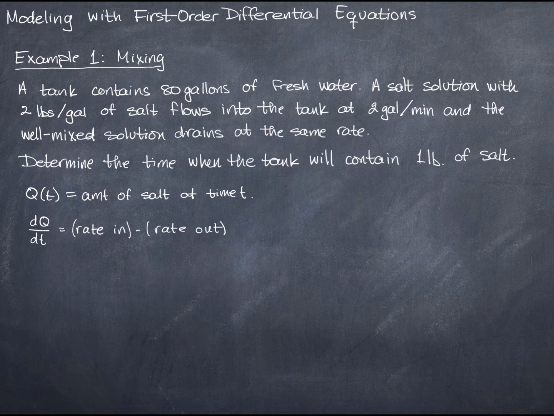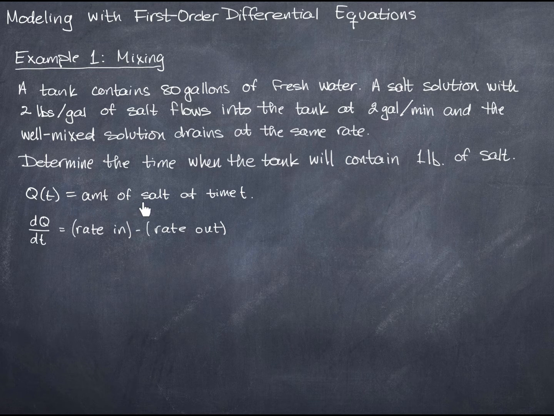Now notice I'm talking about salt here, not salt solution, right? The amount of salt is, for example, here, in 1 gallon of water, the amount of salt is 2 pounds. So here, we have the amount of salt.